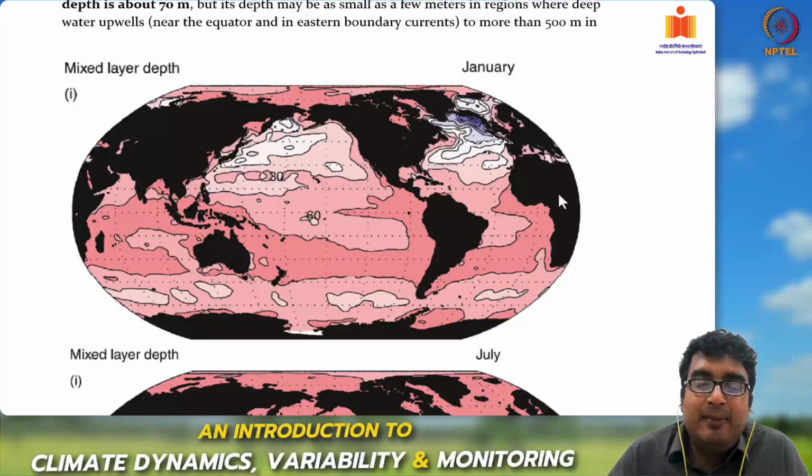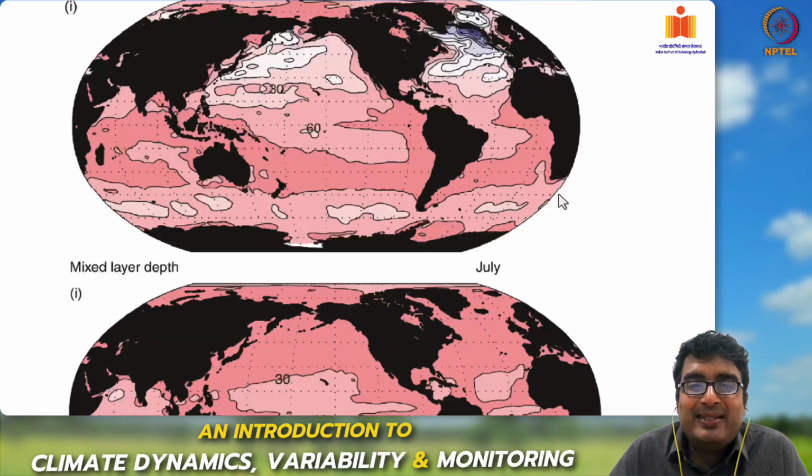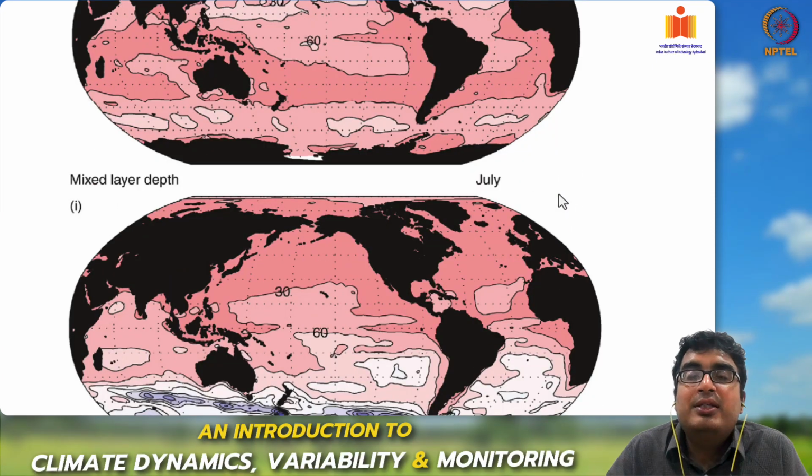Hence, the depth of the mixed layer is larger in the winter hemisphere, particularly in the high latitude oceans, whereas it is thinner in the summer hemisphere, particularly in the subtropics.